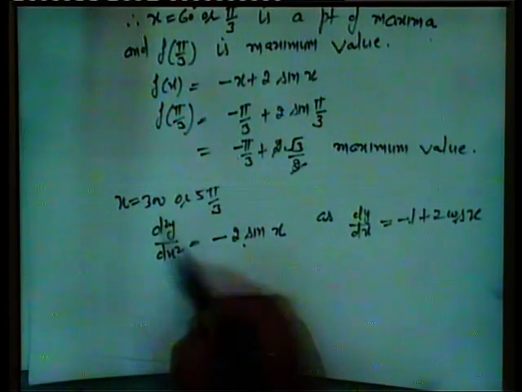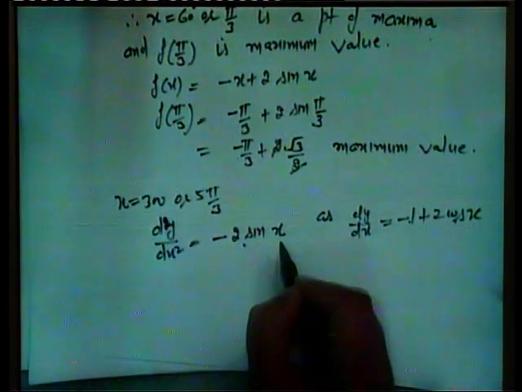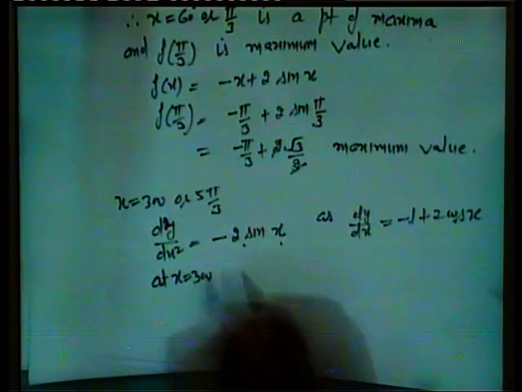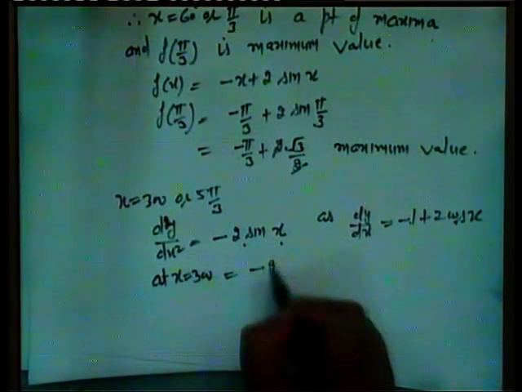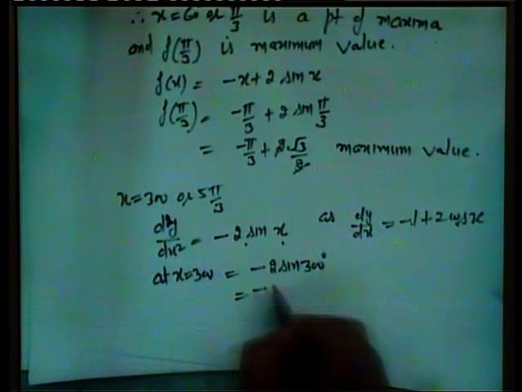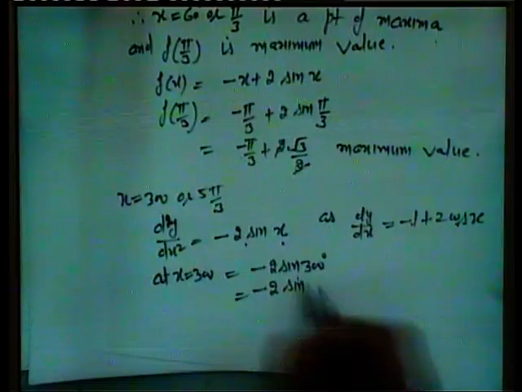Therefore d2y by dx square is minus 2 sin x, at x is equal to 300 this becomes minus 2 sin 300.